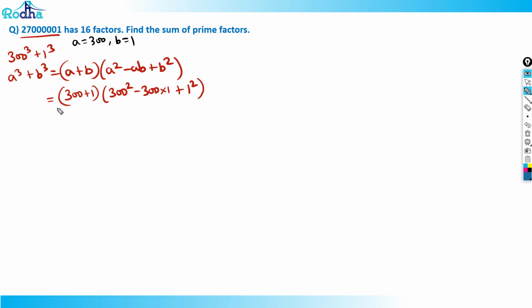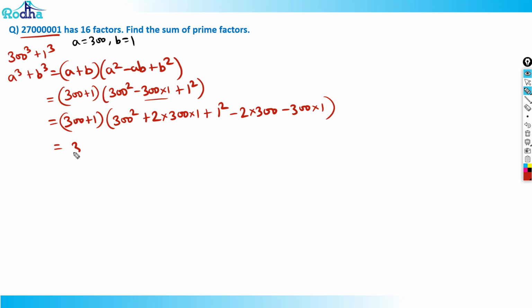Okay, these things. So if you do it right, now look here. In this part I'll do now this 300 plus 1 into 300 square. I'll just add twice of 300, and twice of 300 I'll subtract. Once I subtract twice of 300, there's already this 300 was there, right?